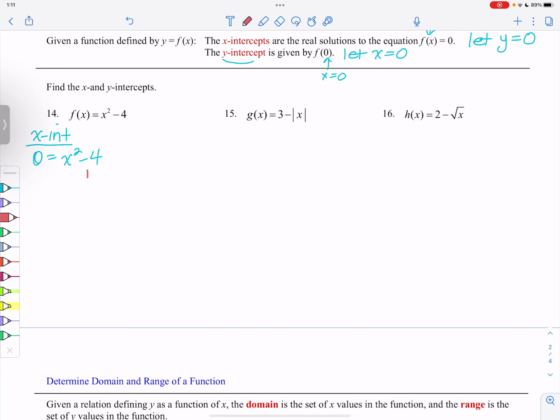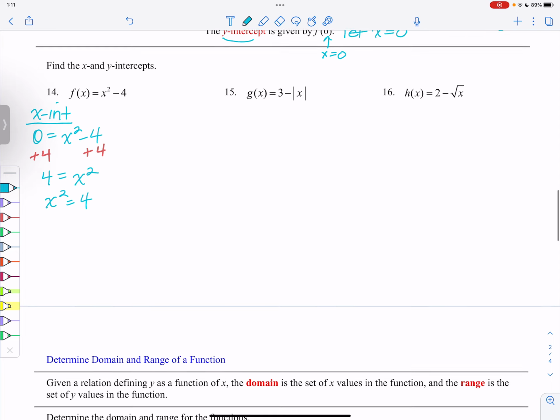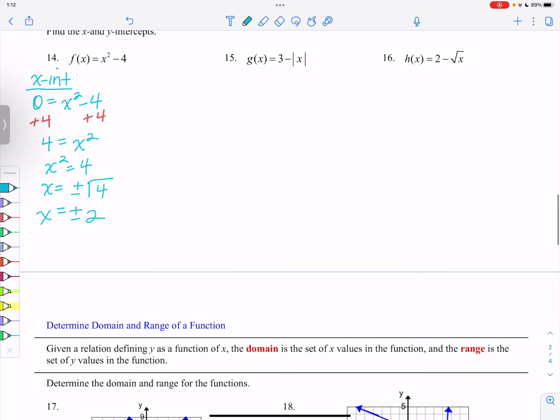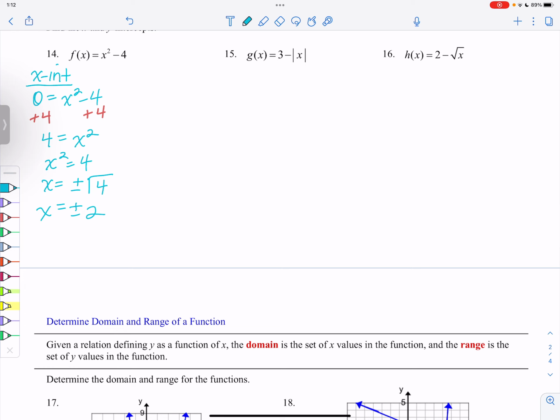So now we're going to add 4 to both sides. 4 equals x squared. Let's write that as x squared equals 4. And then x is equal to plus or minus the square root of 4, so plus or minus 2. So our two x-intercepts are x equal to 2 and x equal to negative 2, and we can create points for those.